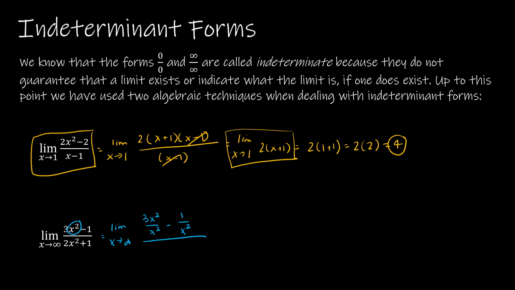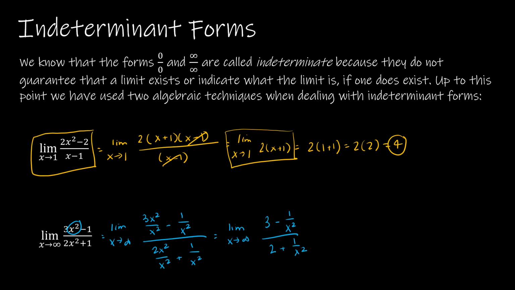And that gave me 3x squared divided by x squared minus 1 divided by x squared. So really I'm taking the limit as x approaches infinity of 3 minus 1 over x squared divided by 2 plus 1 over x squared.